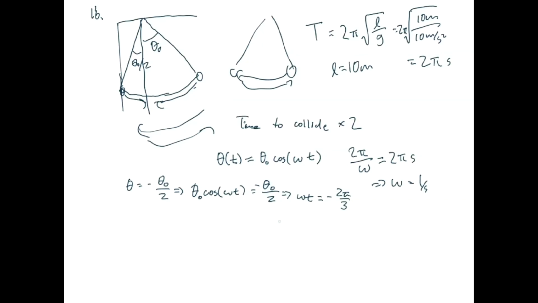So this will happen at t equals 2 pi over 3 seconds because omega is 1 over a second. And remember that we were going to multiply by 2 to get our final answer of 4 pi over 3 seconds. Cool.